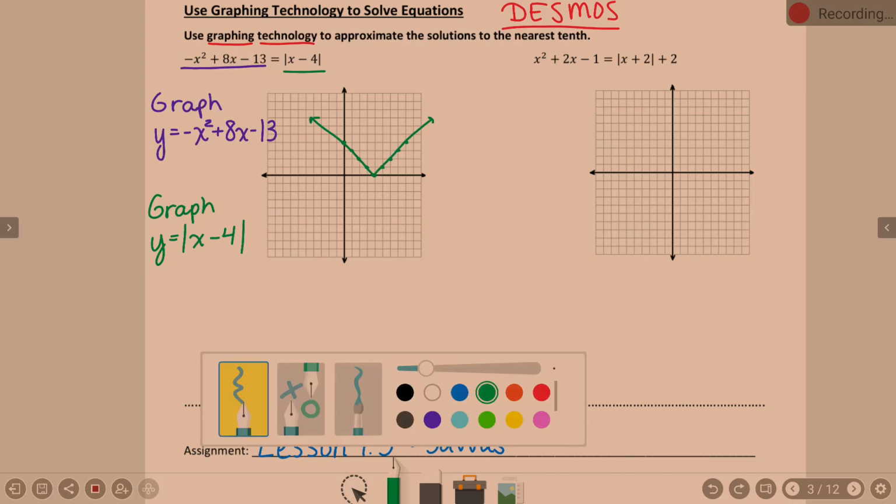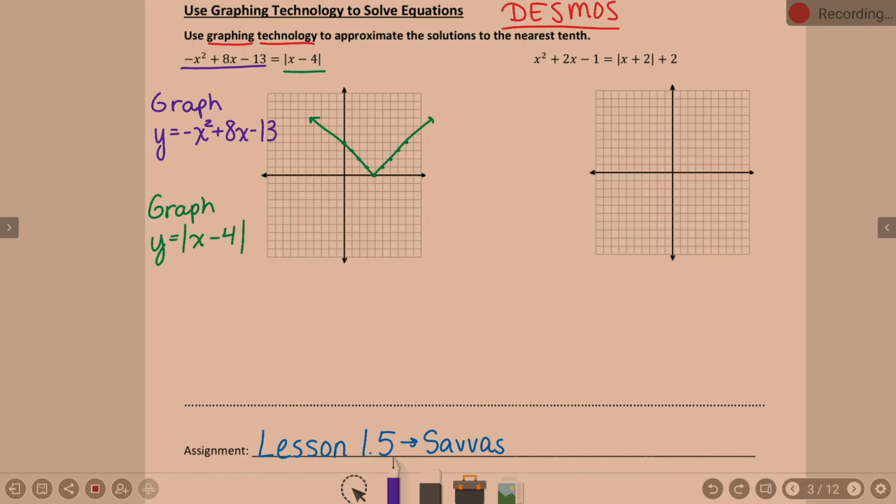The upside down parabola looks like, was it vertex at 4, 3 maybe? Is that what I'm seeing? Yes. Okay. And then the first set of points go over 1, down 1. The next set of points would go over 2, down 4.